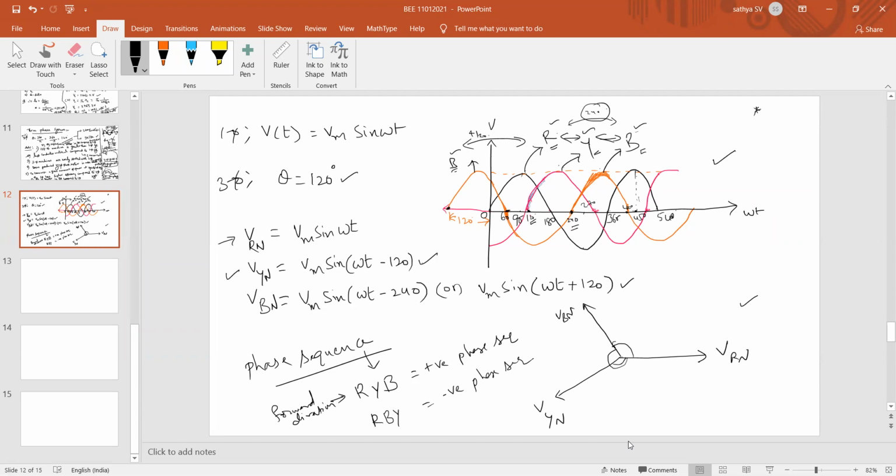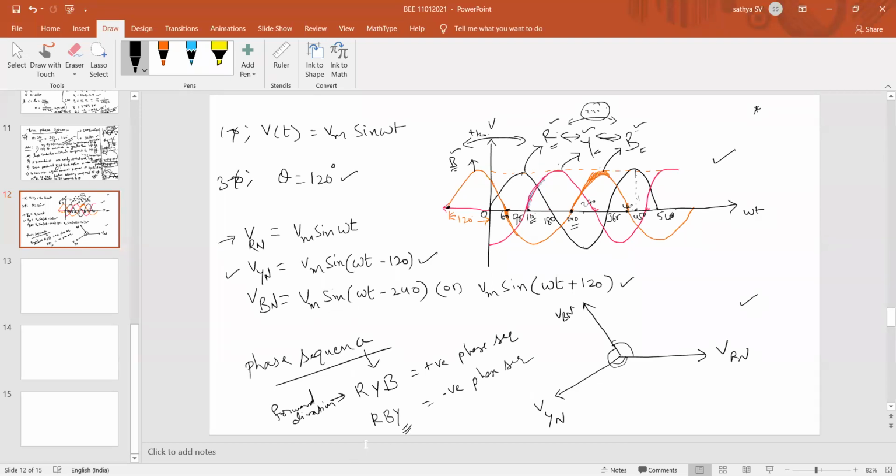Now, some students may want to change the direction of the motor from forward to reverse. What they can do is change the phase sequence from RYB to RBY. Now the motor direction is reversed. Understand now? That is the importance of positive and negative phase sequence, and where we utilize it in real time.